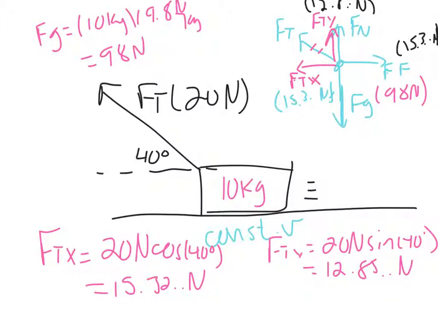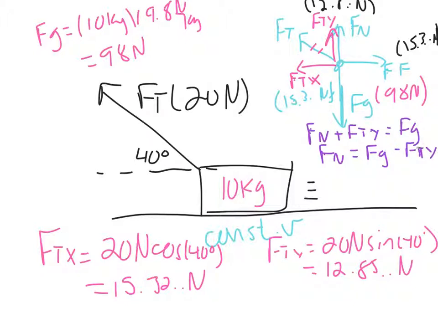And the only other force left to solve for is my normal force. So normal force will equal, well, let's look at it this way. The top added together, so normal force plus Fty will equal my weight. Therefore, normal force equals weight minus Fty.